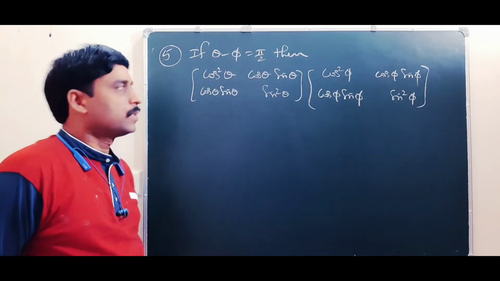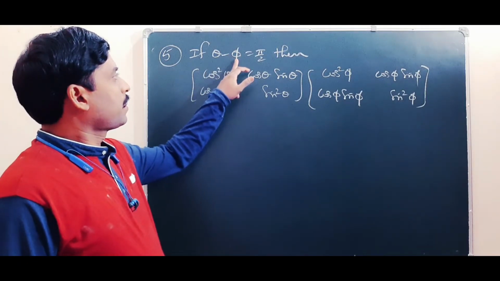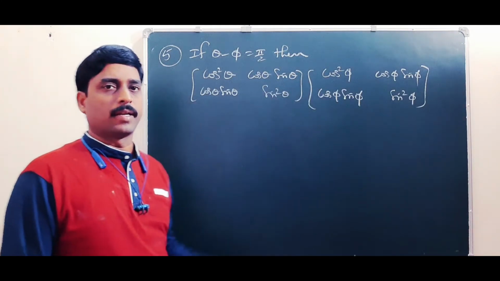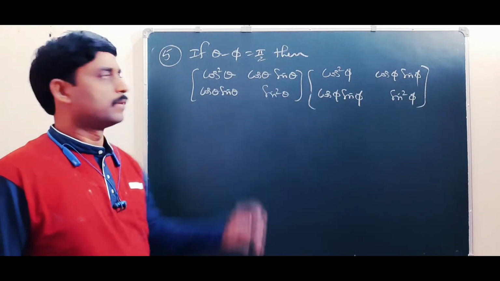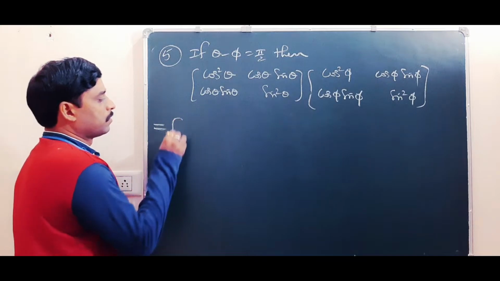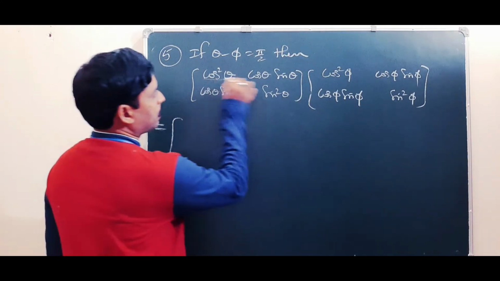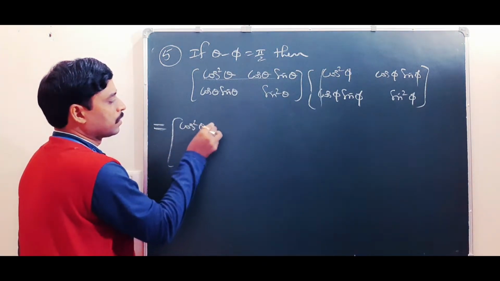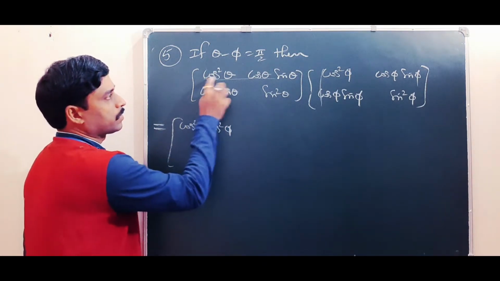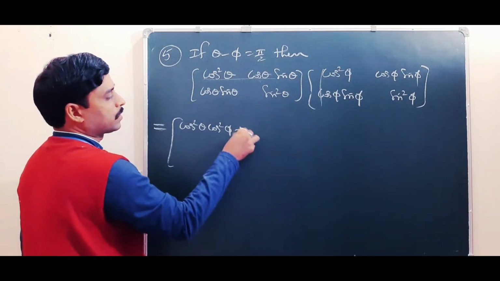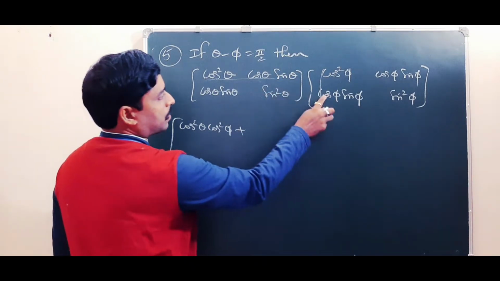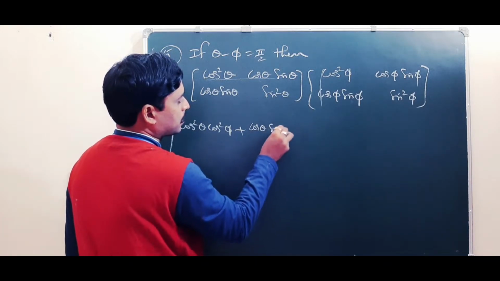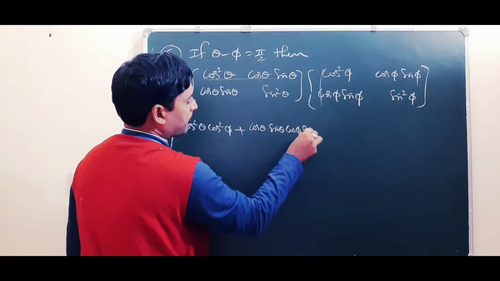Okay, moving to the next question. If theta minus pi is equal to pi by 2, then we have to find the product of the given matrices. First, the first row multiplied with the first column will be cos square theta into cos square pi, plus cos theta sin theta into cos pi sin pi.